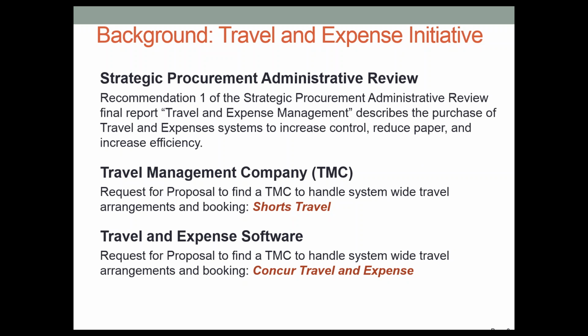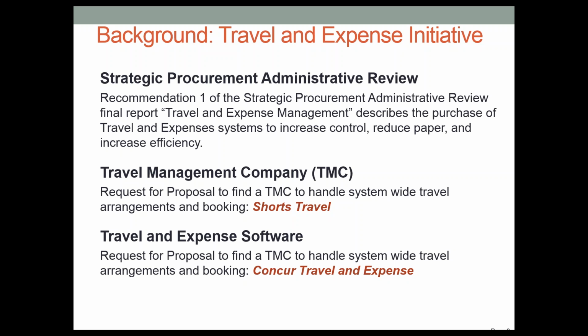In doing that, we decided the paper process was inefficient and therefore should be replaced with something. We decided to do a request for proposal, an RFP, to see if we could get a better system and a better model for our travel and expense system.